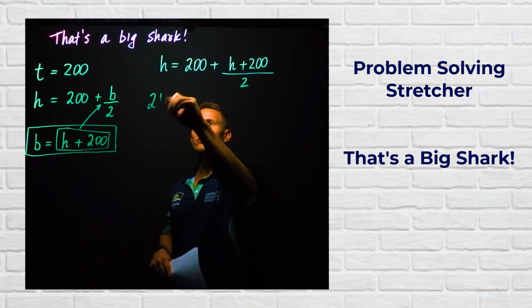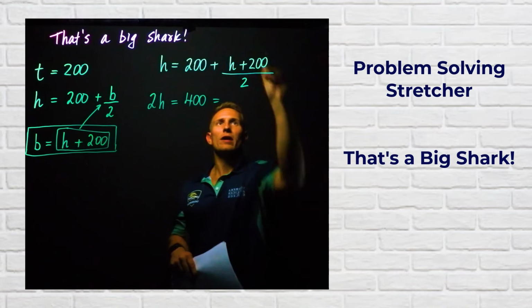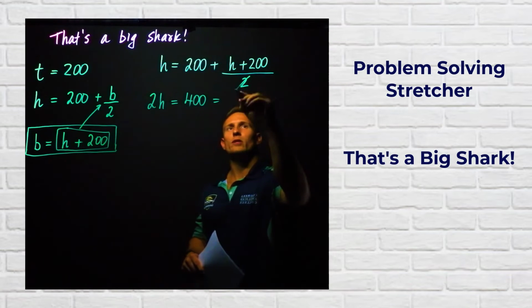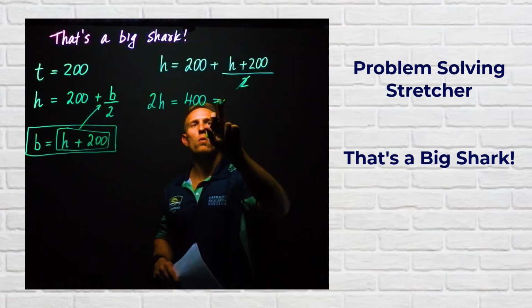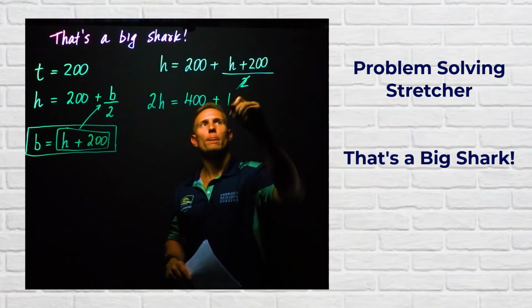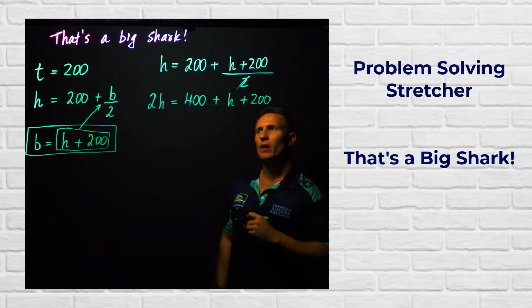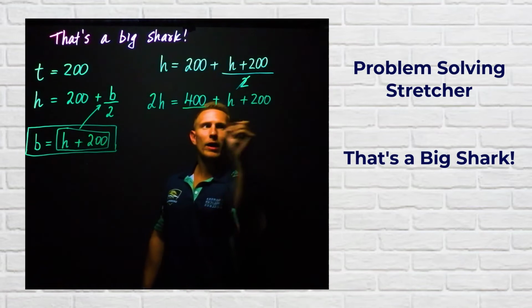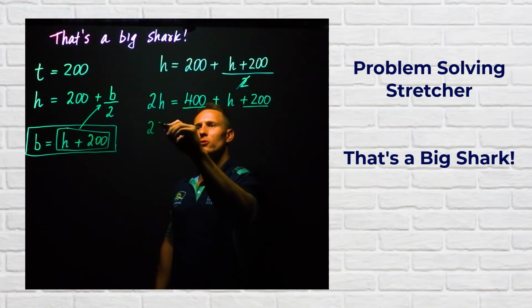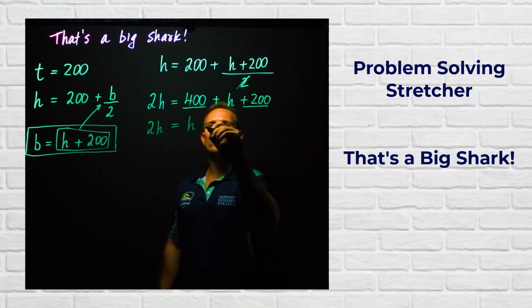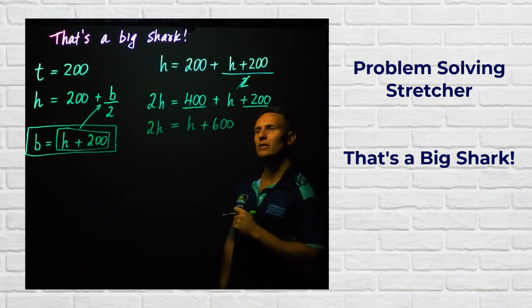So we're going to have 2 h's, we're going to have 400, and we can divide this fraction by 2, which helps us get rid of the denominator. It's going to be just h plus 200, alright? So now we're going to collect a few of our like terms so we can add those two together. So we have 2h equals h plus 600. Okay, so 400 plus 200 is 600.